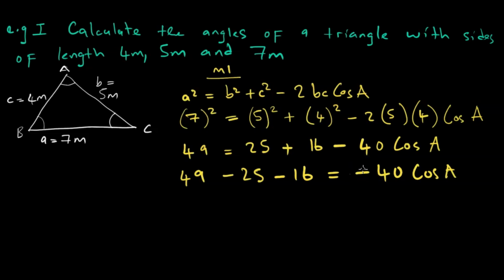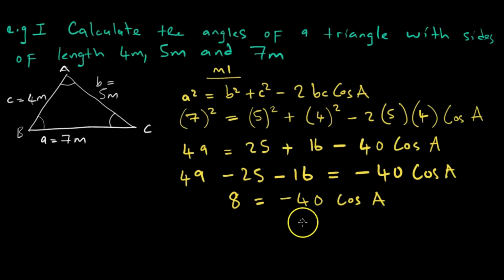Now what we need to do is 49 minus 25 minus 16. So our answer here is 8. So 8 is equal to minus 40 cos A.